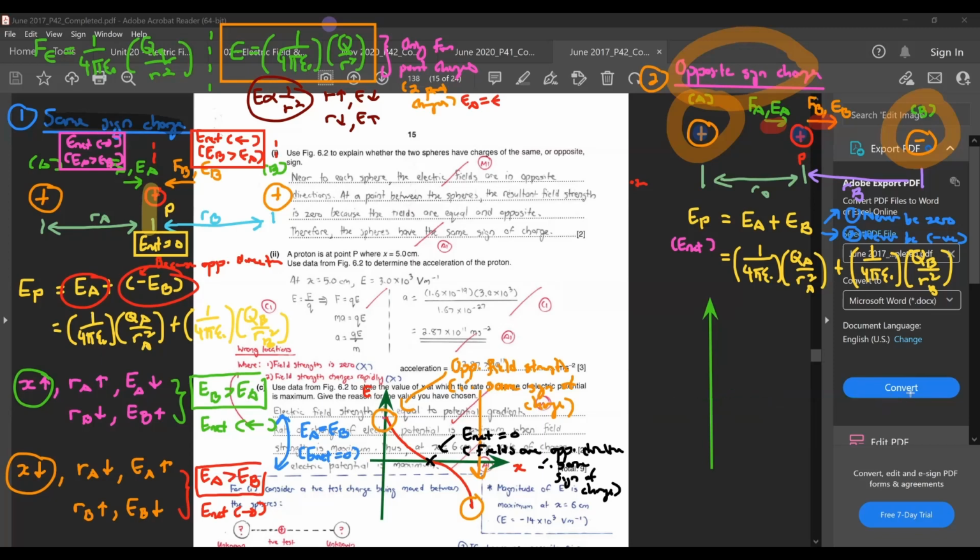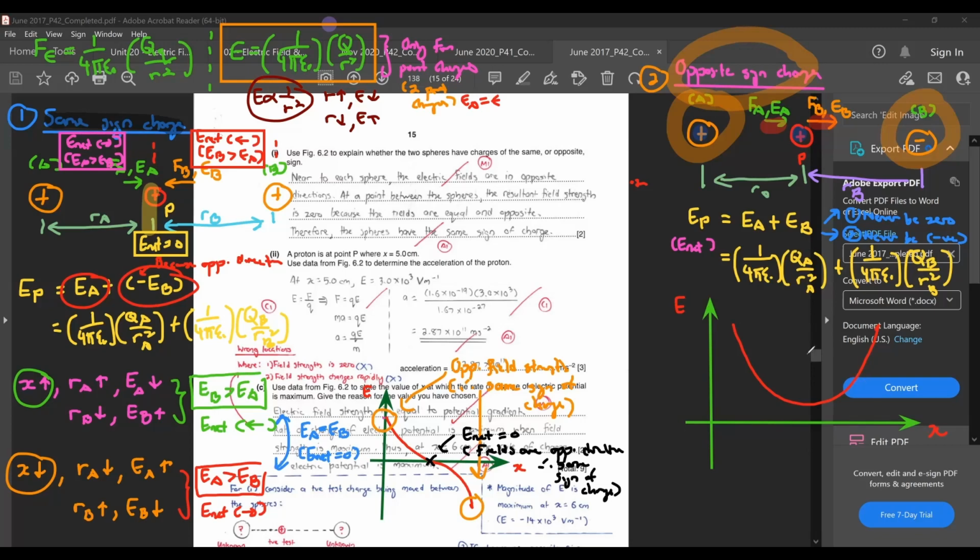Okay, let me just redraw this. For field strength versus distance graph, it will look something like this. There is no part where it will go to 0. There is no part where it will go to negative. Okay, so this is your graph shape that you expect to see.